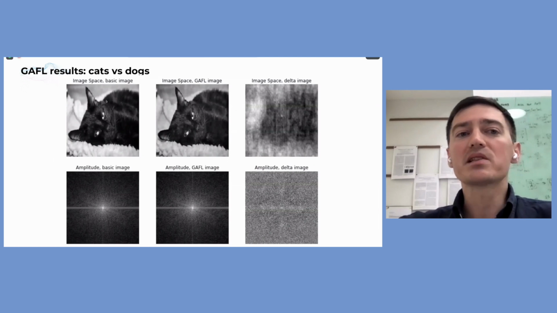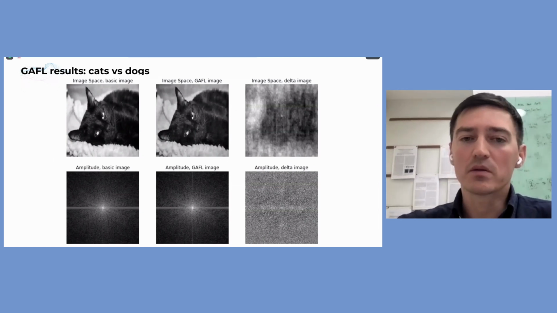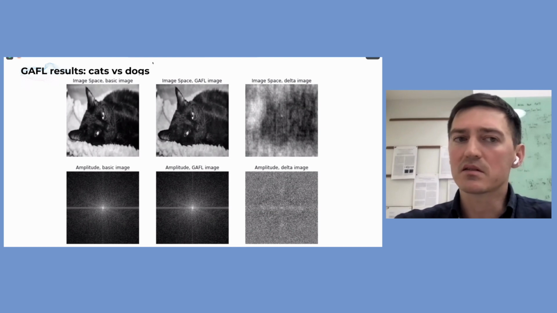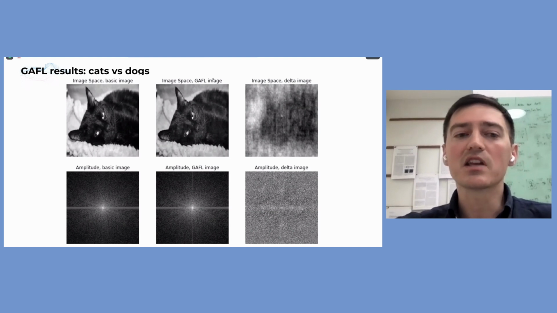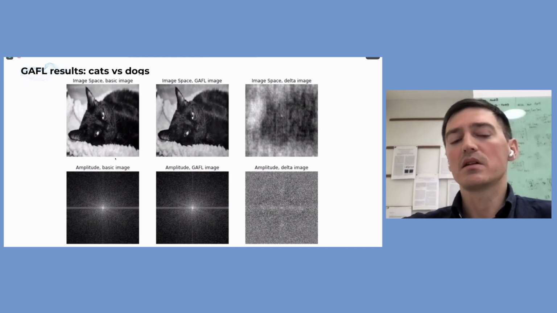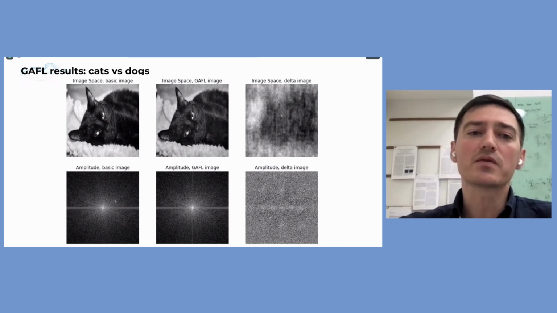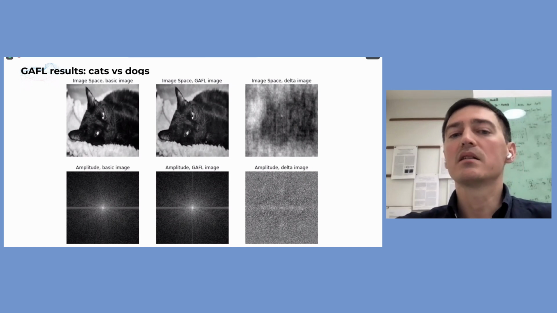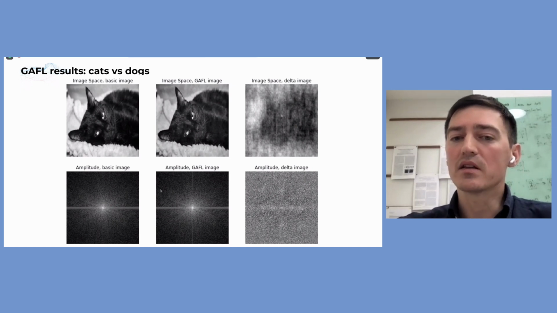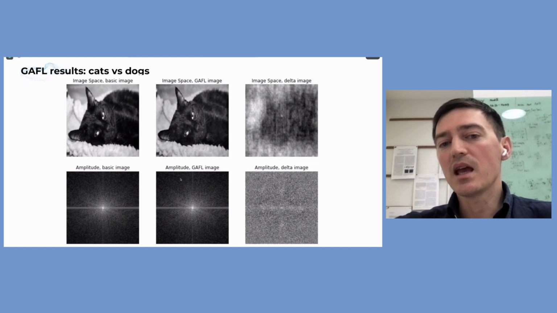So these are some examples. If you perform your ImageNet classification, like cats versus dogs, a standard task, this is a Fourier transform, an amplitude of the Fourier transform for this cat. And then once you learn the coefficients, the amplitude spectrum looks a little bit better.